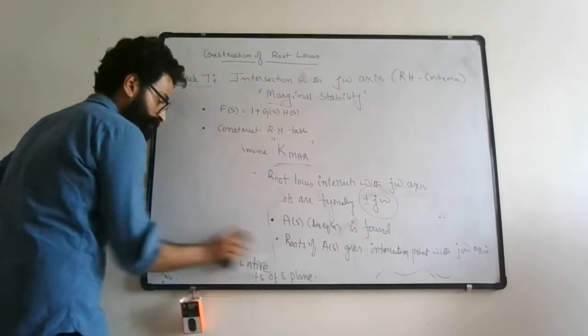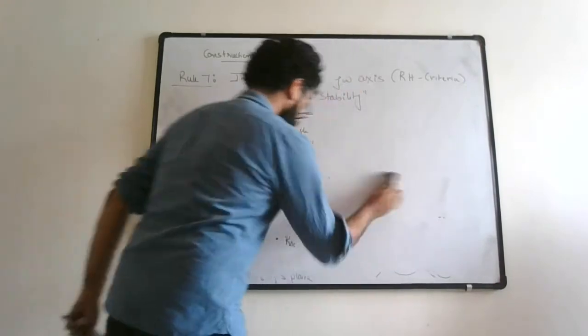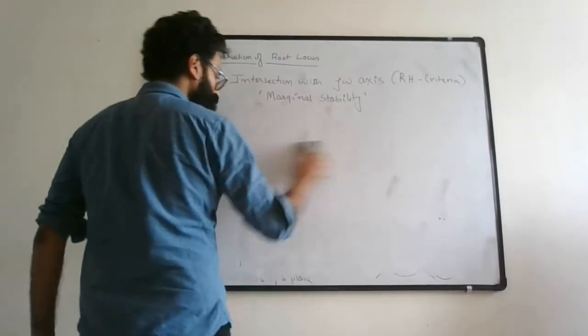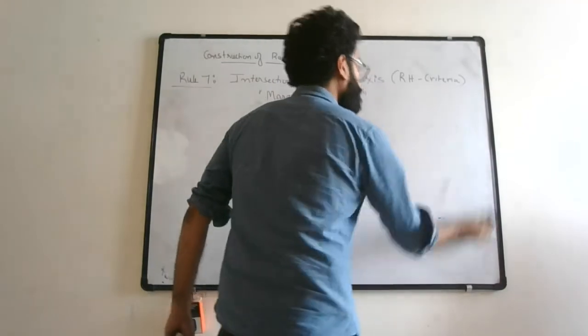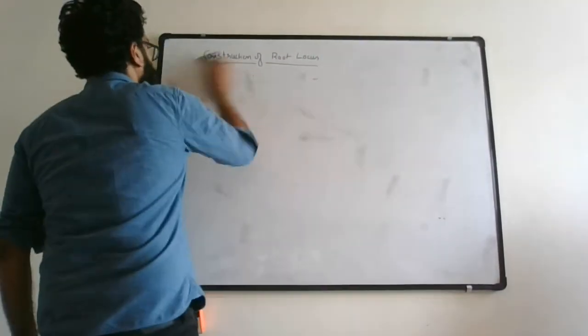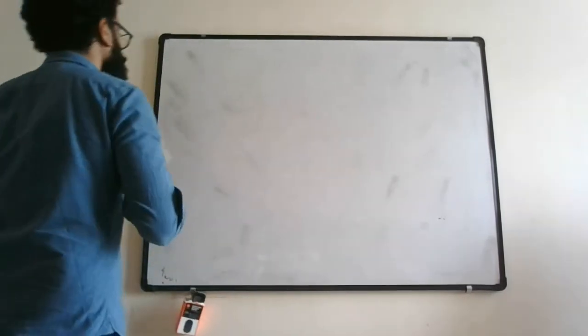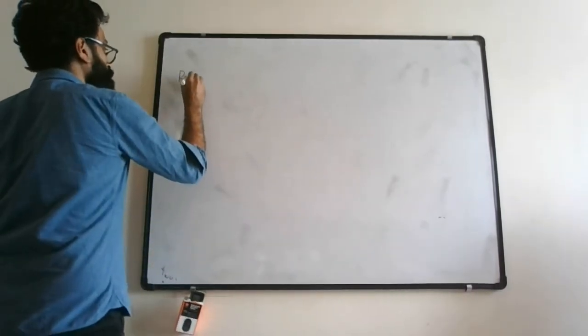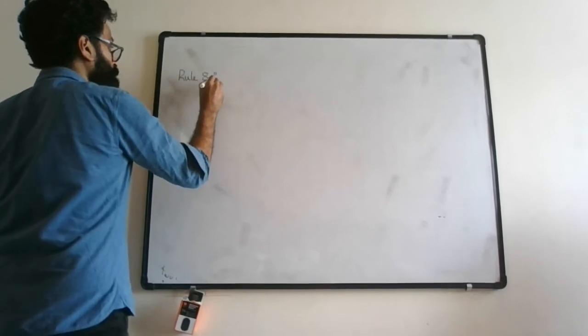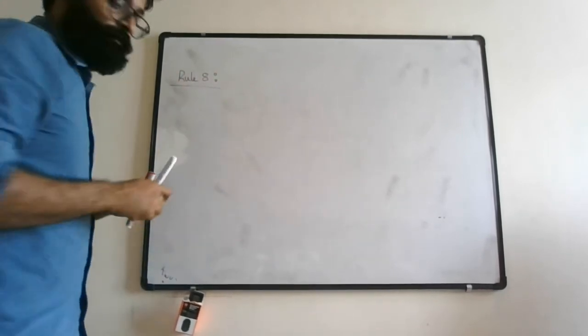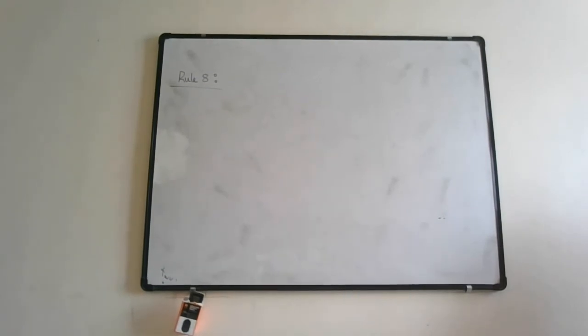Let us discuss the final rule, rule number 8. As I said, rule 8 is applicable only to complex poles and complex zeros.